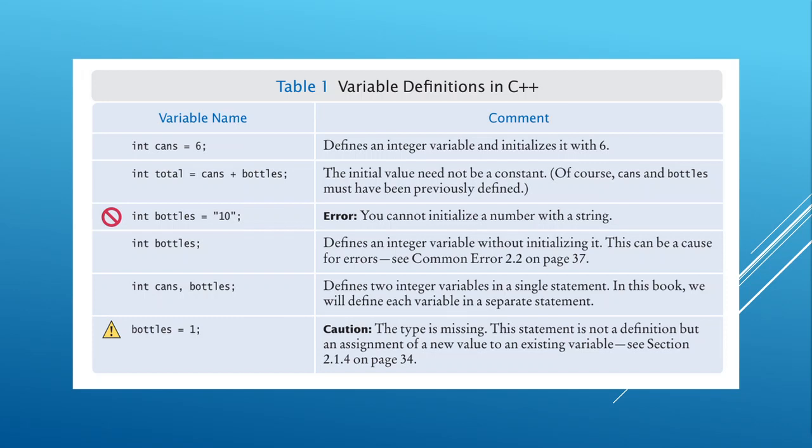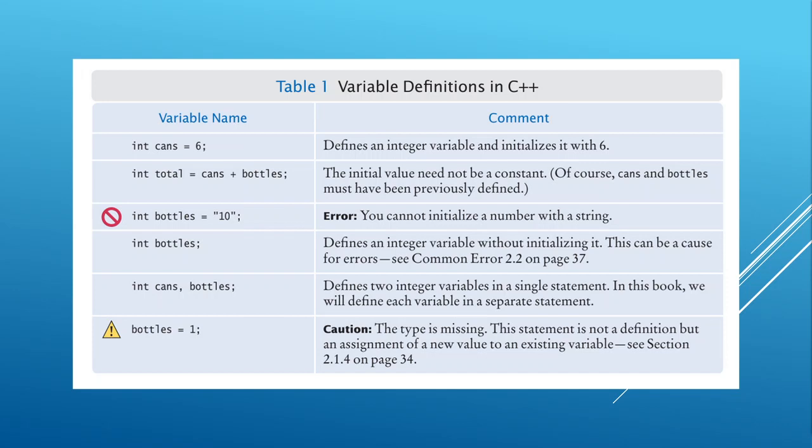But as long as cans, bottles, and total are all of the same data type, we can store them together by adding the 2 variables cans and bottles, and then storing the combined value of cans plus bottles into the variable total. Notice that you cannot initialize a number with a string, so we cannot initialize a different data type into a variable that does not contain or should not contain that information. So we can't assign a string to an integer and vice versa.